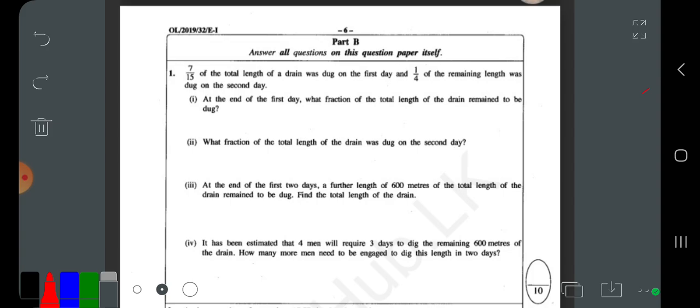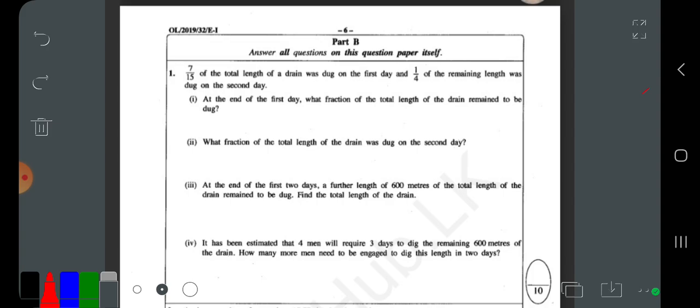The word "of" comes, always remember that "of" always means we multiply. First, what you need to do is, from the whole you should subtract 7/15 and get the answer.